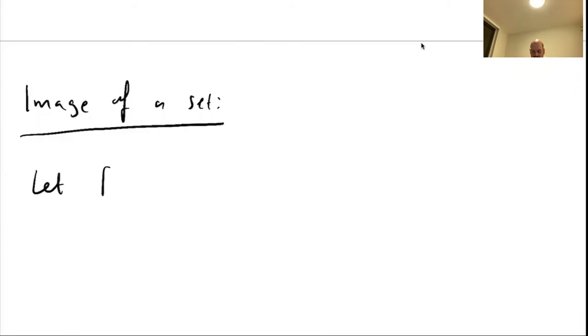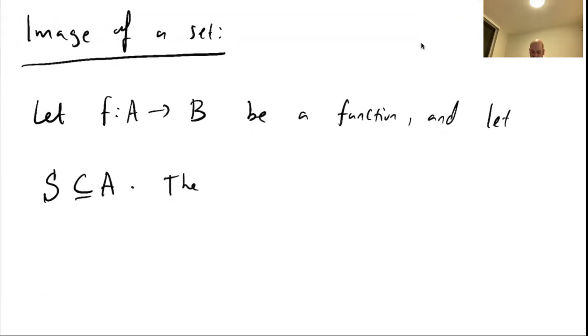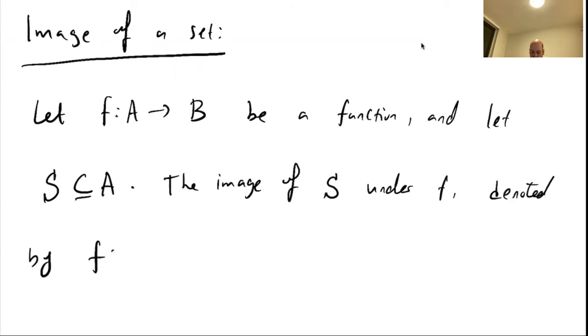So let f from A to B be a function, and let S be a subset of A. The image of S under f, denoted by f of S, is defined as follows.